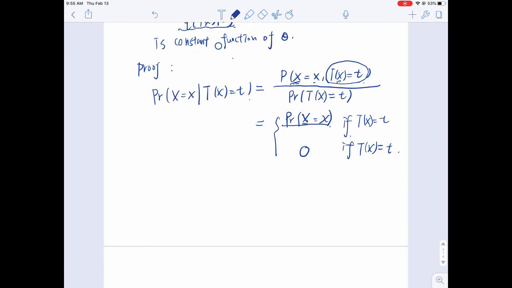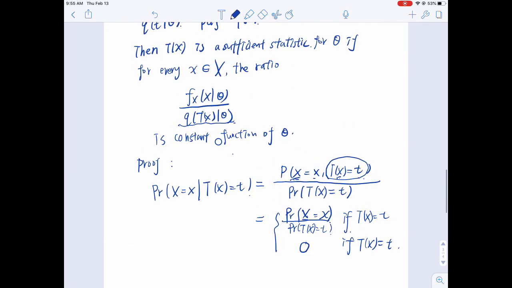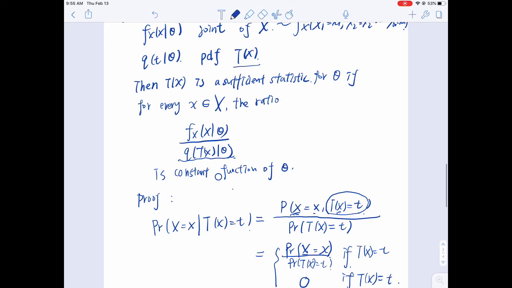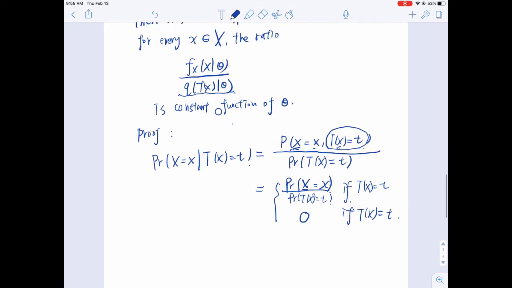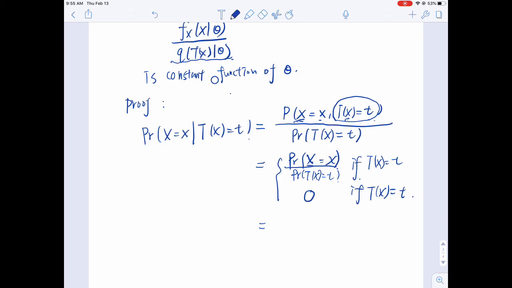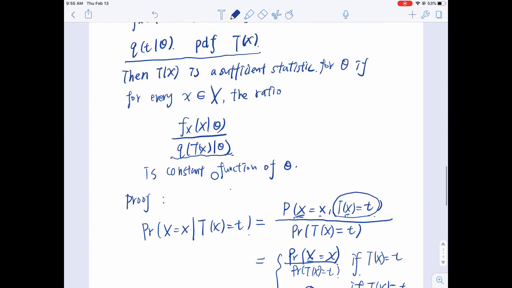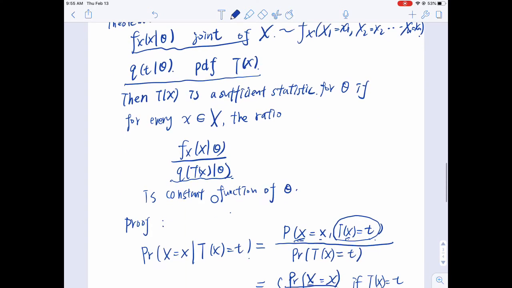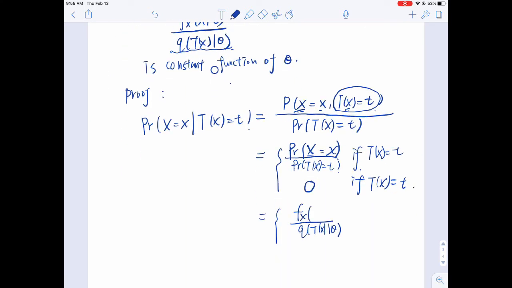Don't forget the denominator here. What is the denominator? Remember, in the theorem, we defined the distribution of T(X) to be qT, so we can substitute this marginal distribution by qT. Similarly, we also defined the joint distribution to be fX. So that's why we can substitute the probability of X equal to x with fX. And similarly, we have the two conditions.